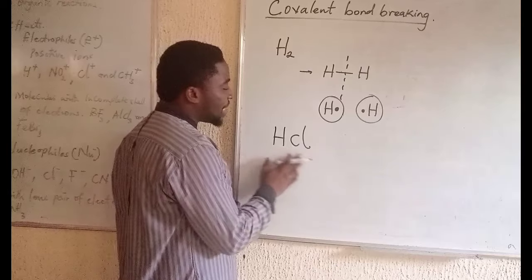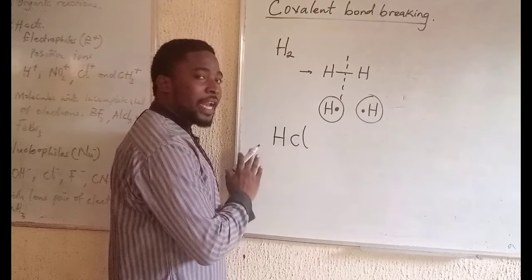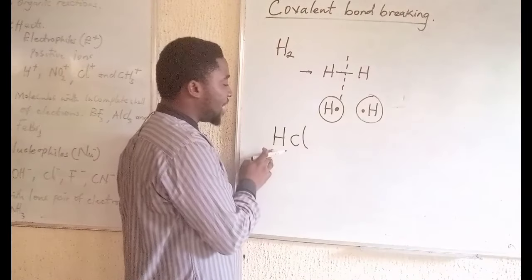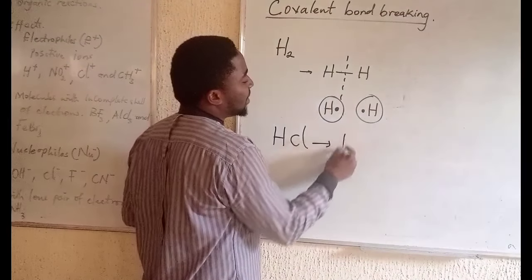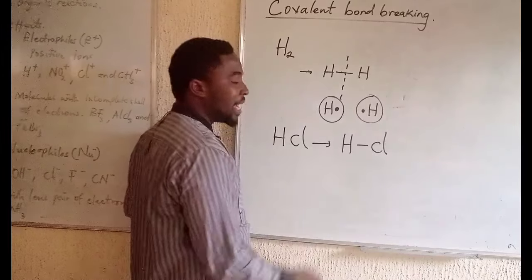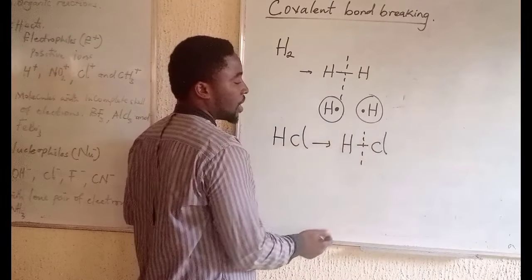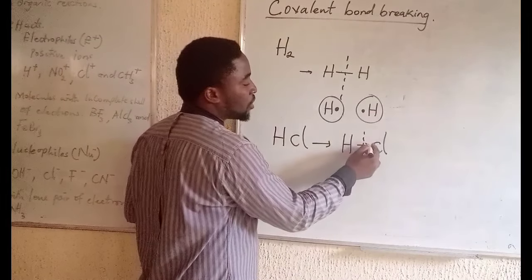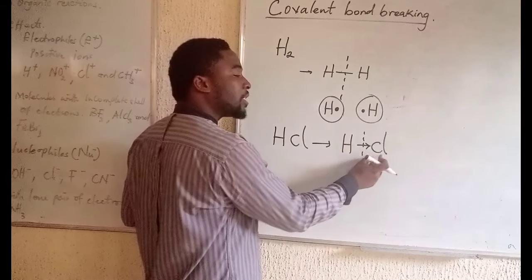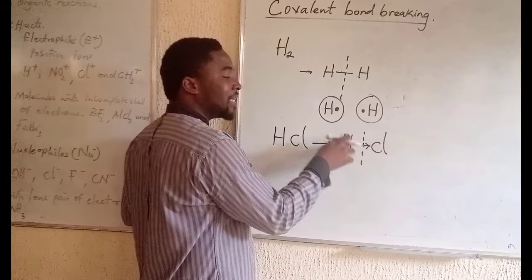You know that hydrogen and chlorine have unequal electronegativities, with chlorine being more electronegative than hydrogen. So, assuming that this is the bond that is holding hydrogen and chlorine together, and it breaks, the electron is going to drift towards the side of chlorine, because chlorine is more electronegative than hydrogen.